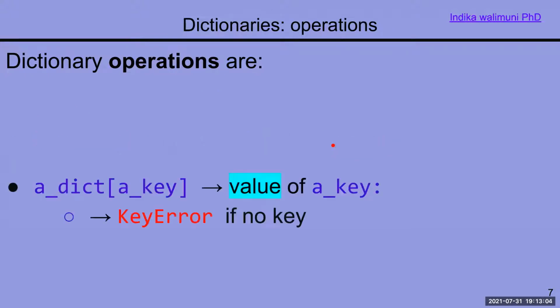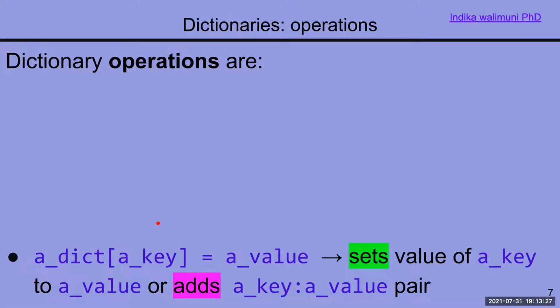All right. So we said we can use the key as an index. That means we can use it along with the index operator, and it returns the corresponding value. If there's no key, then it returns a key error. So you can access a key, and you can also reassign or create a new key this way as well.